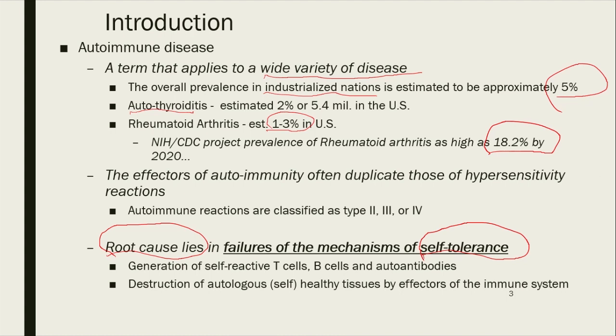So that is the central underlying principle there. You would have something that are self-reactive B cells, T cells, and autoantibodies, antibodies against yourself.